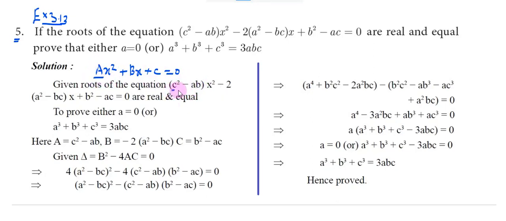So A = c² − ab. Now the coefficient of x is capital B, and here it is −2(a² − bc). So B = −2(a² − bc). Next, the constant term C is the remaining term, b² − ac. So C = b² − ac.